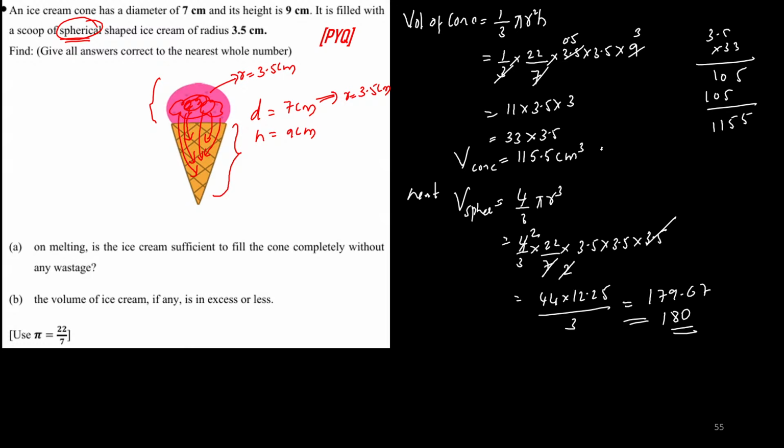So here you are getting 115, then 180 over here. So definitely it won't fill exactly. The volume of the ice cream, whether anything is in excess or less, you are supposed to find out. The excess ice cream is nothing but 179.67 minus 115.5. This much is going to be the excess ice cream.